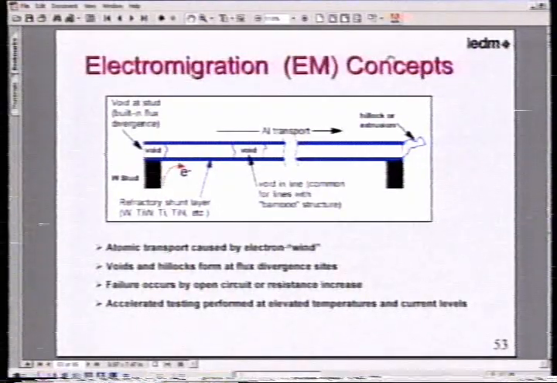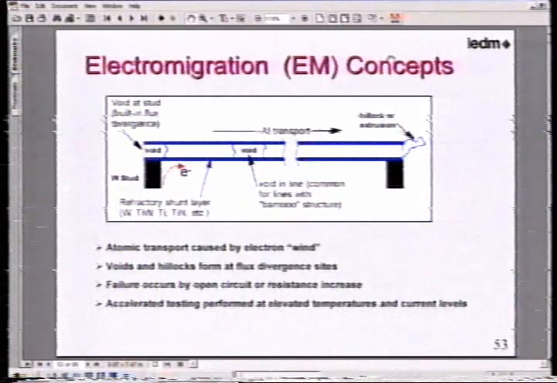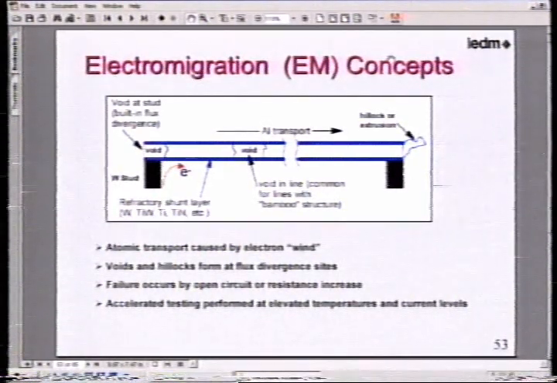Again, I will skip through the electromigration concepts pretty quickly. Suffice it to say that due to the electron wind, the electromigration that you get leads to essentially resistive opens. You need not constantly get a complete open. What you'll see is over time your resistance increases. Now if you go back and think about what we said about the parametric portion, if your resistance increases over time for these lines, it's going to be a huge issue for your parametrics.